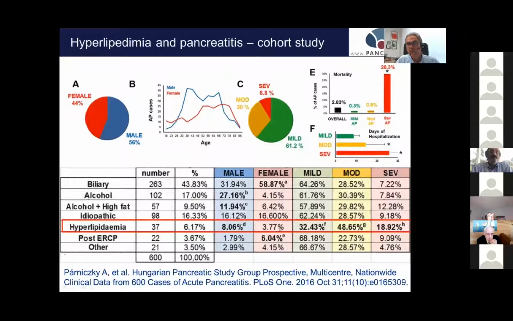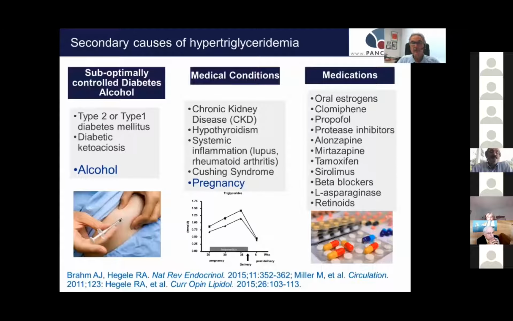What's even more concerning is that in the severe group of pancreatitis, they account for 19%. That means not only is hypertriglyceridemia a risk factor, but it's also a factor that may influence the severity of the disease. That has been studied by different groups, and I will get to these later.